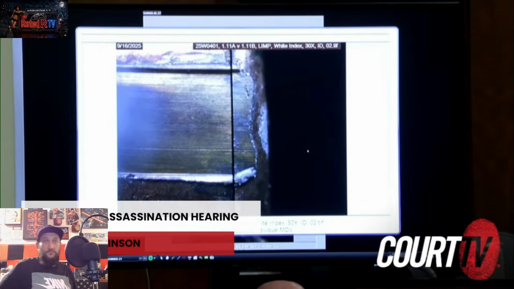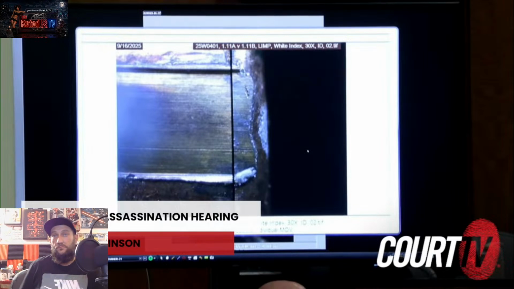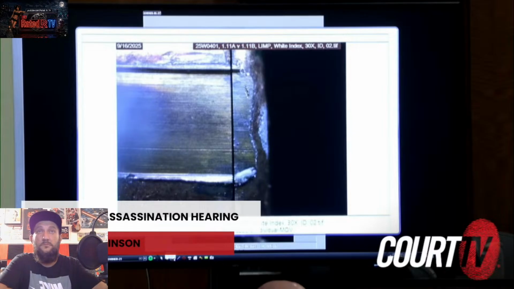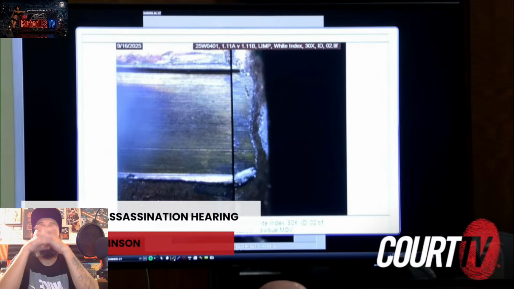Yes, it is. So do you see areas of agreement and areas of disagreement in these two bullets fired from the same rifle? I see sufficient agreement amongst the striations that are in this land impression. Okay, and tell us where they are. When you draw that conclusion, using this subjective theory of identification, show us what you're looking at.